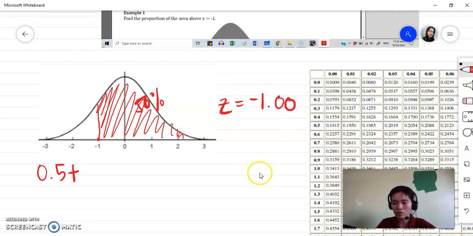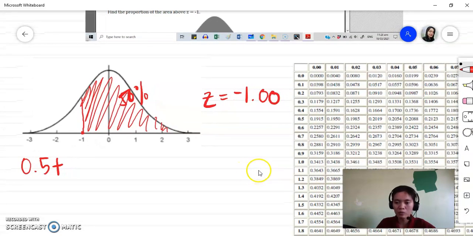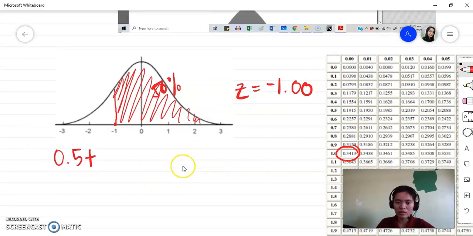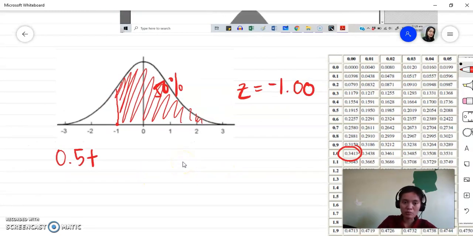So we have two zeros, that makes it negative 1.00. That's the same with positive 1.00; the area is the same. So look for 1.0, the first two digits, and the third digit is 0. You match it, and you have 34.13 or 0.3413.